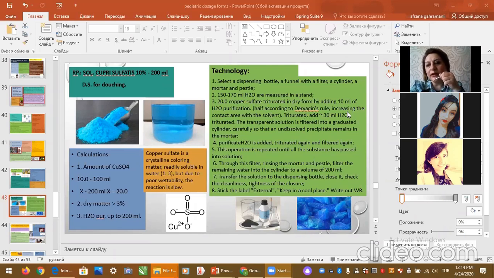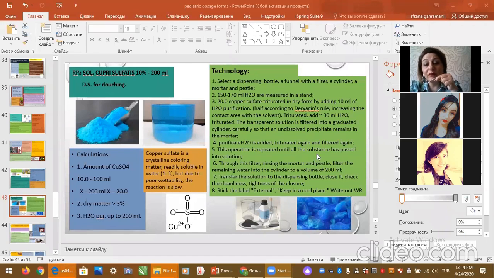Who remember the reagents rule? Well, because it's coloring substance, the copper sulfate is colored substance. I want to remember the reagents rule. What means the reagents rule? In which forms we use the reagents rule? According to the reagents rule, we every time take half of solvent.